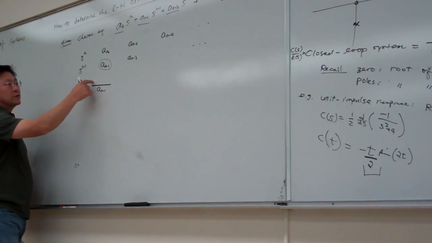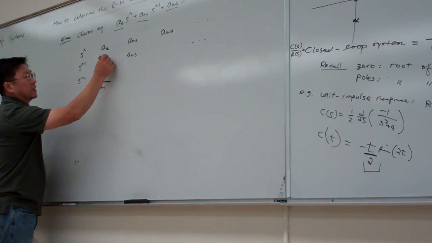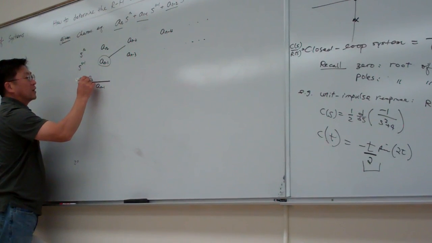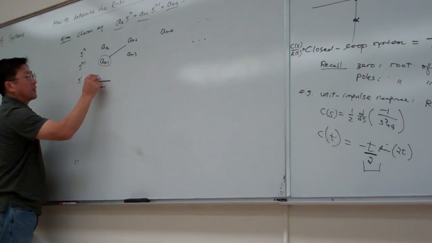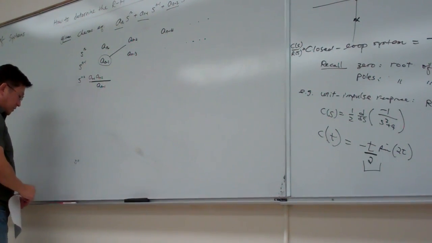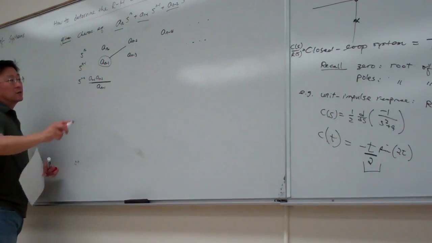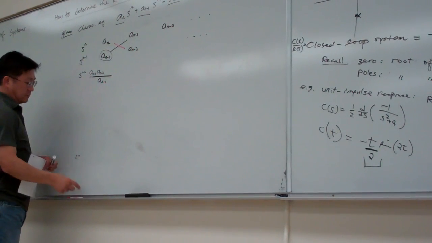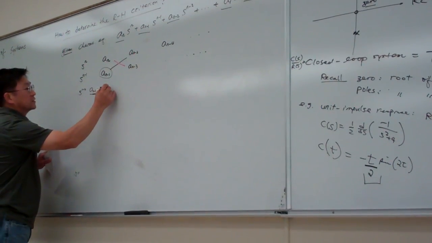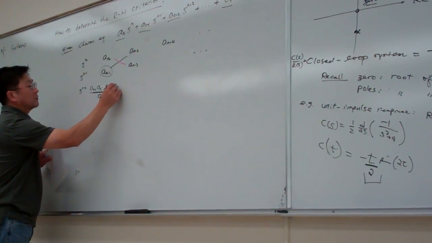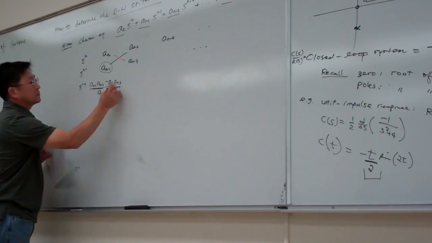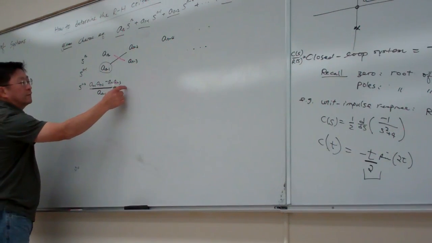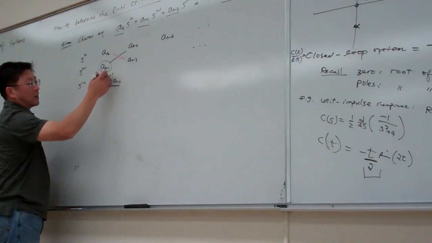The numerator is the multiplication of an minus 1 times an minus 2, minus an minus 3. And this is the first column here.